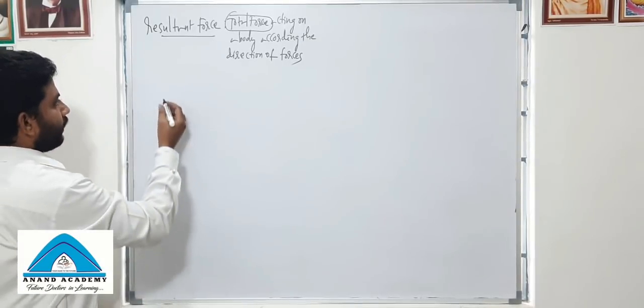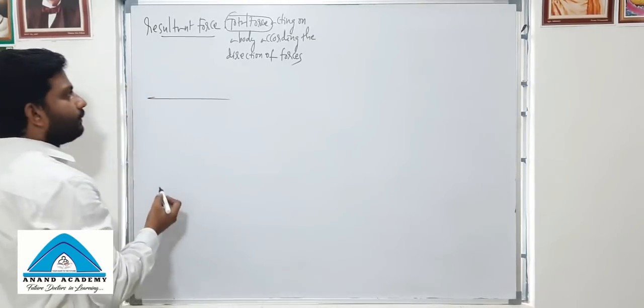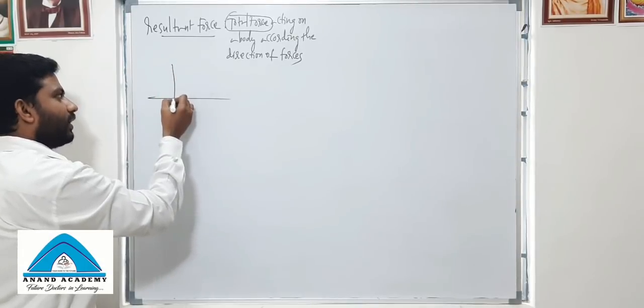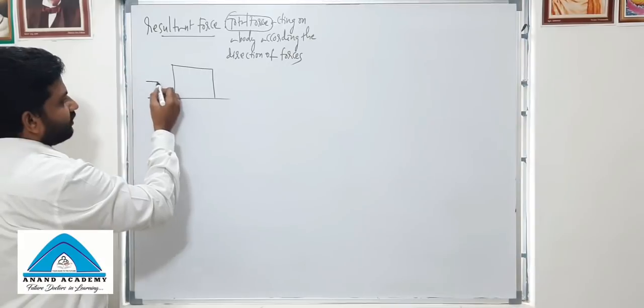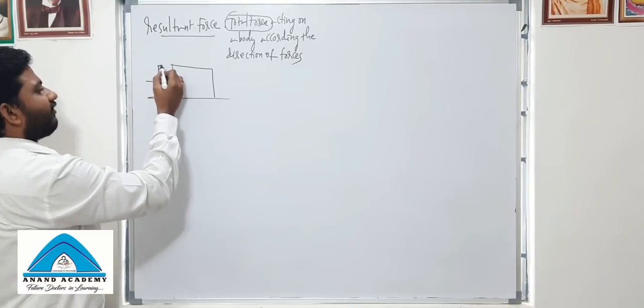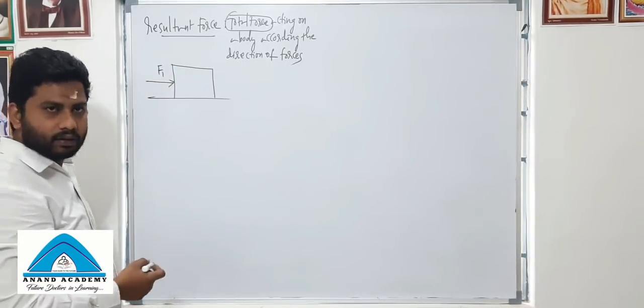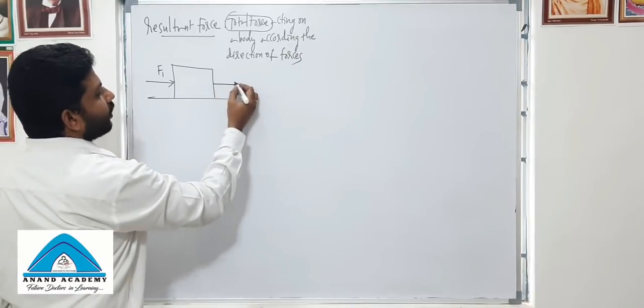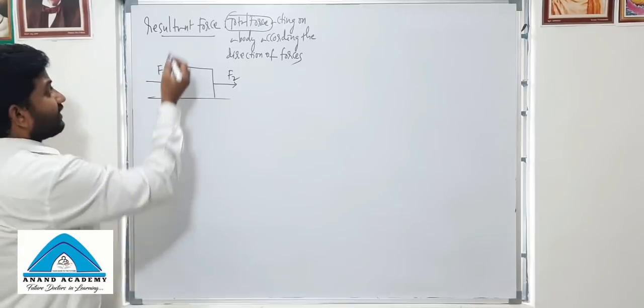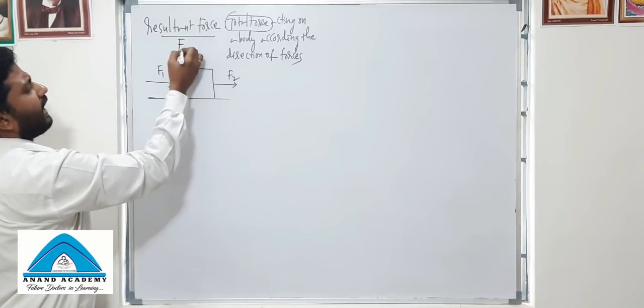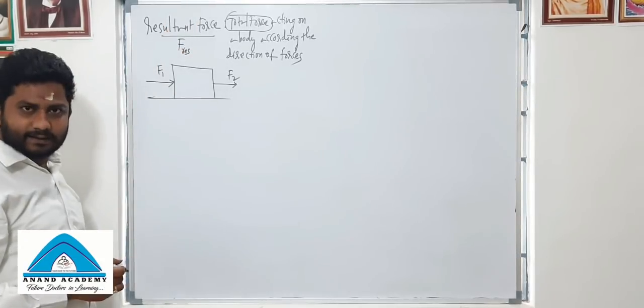Look at here. Imagine this is the ground. There is a body here. One force is acting on it, which is called F1, in this direction. Another force is acting on it in this direction, that is F2. You know, the resultant force is denoted with the symbol F suffix RES.